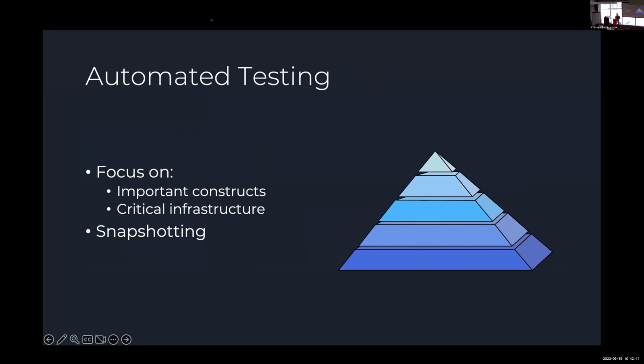So automated testing is another piece to level up your CDK usage. I'm not saying test all of your CDK, all of your resources. If you're not careful, you're going to end up more or less having two copies of your code. You're going to have the test version and you're going to have your live version, and there's really not going to be much difference, or your test version is just going to look like CloudFormation scripts.